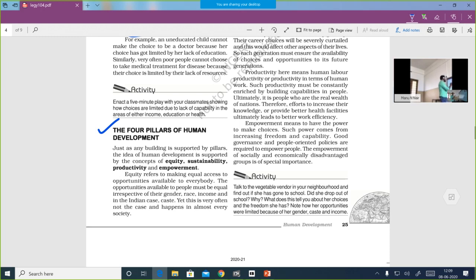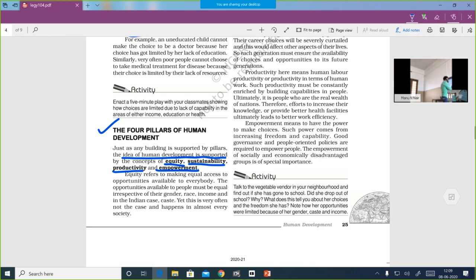Just as any building is supported by pillars, the idea of human development is supported by the concepts of equity, sustainability, productivity, and empowerment. So the 4 pillars of human development are equity, sustainability, productivity, and empowerment.